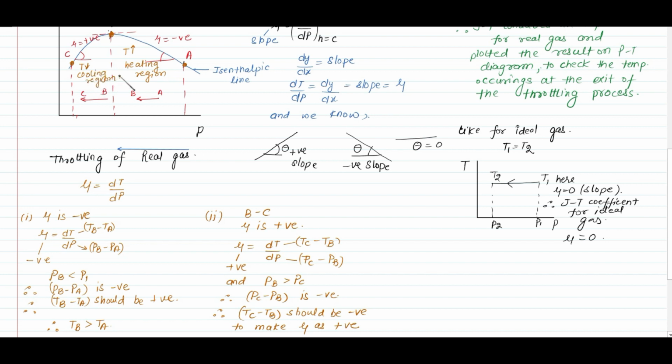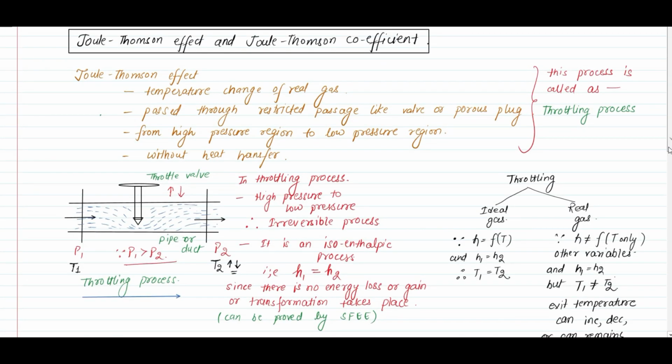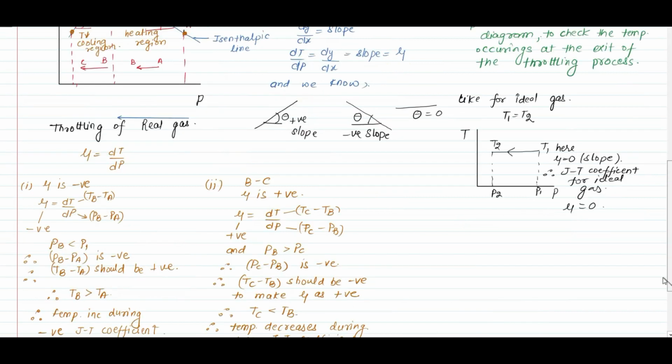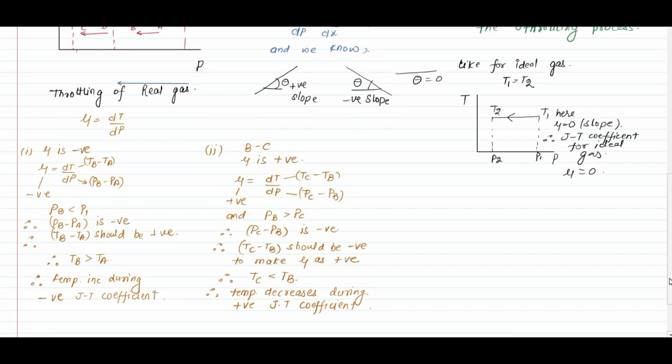Summing up the definition, we can say that in the AB section where the Joule Thomson coefficient is negative, gas is showing the heating effect after throttling. And where the Joule Thomson coefficient is positive, gas is showing the cooling effect after throttling.